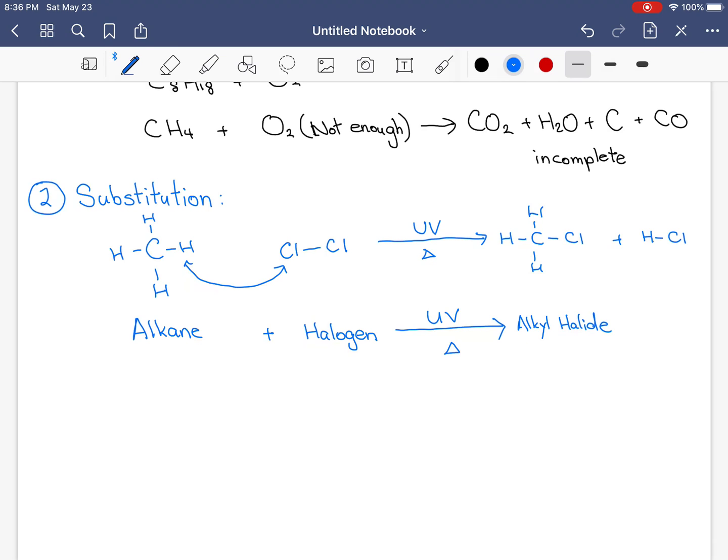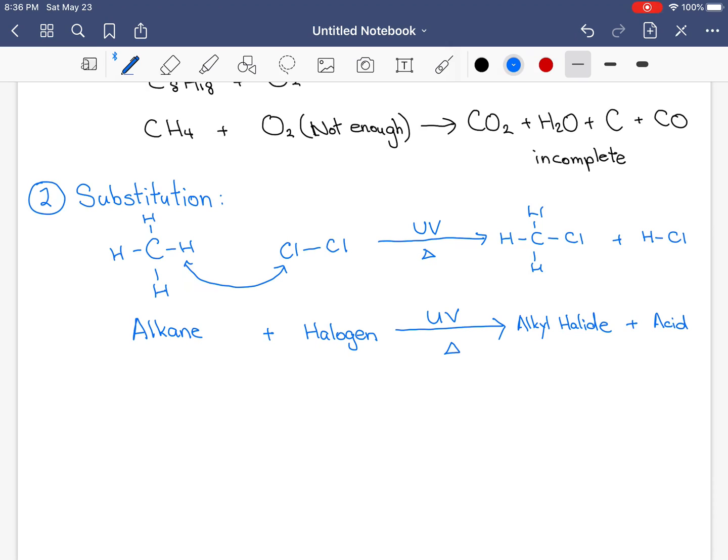That's what CH3Cl is. This is an example of an alkyl halide because we all know that this is an alkyl group, and this is coming from a halogen. So we call this an alkyl halide plus some sort of acid. Now, it might not be an acid.